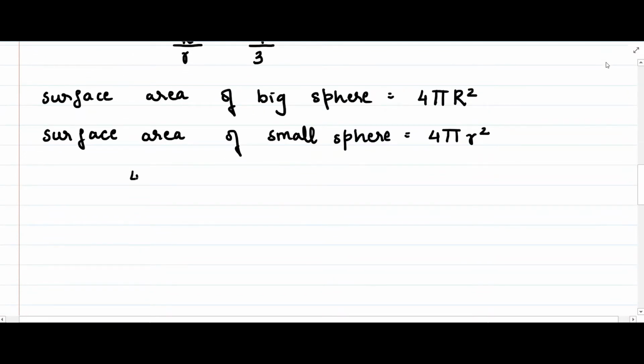We have to find the ratio now. So we write 4 pi capital R square by 4 pi small r square. So cancelling out we get R square by r square, which is capital R by small r the whole square.